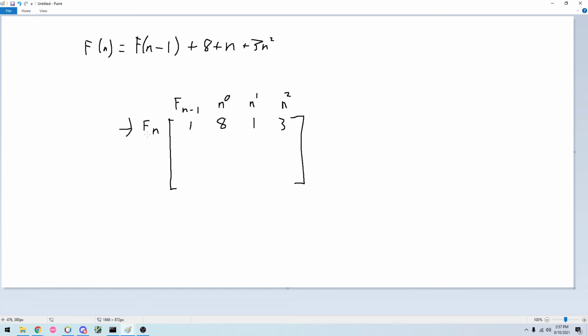So that's your first row, and then as I mentioned earlier, the part under it will expand to be terms of Pascal's triangle. So we had 0, 1, 0, 0, 0, 1, 1, 0, and then 0, 1, 2, 1. And that's the transition matrix for this recurrence relation right here.